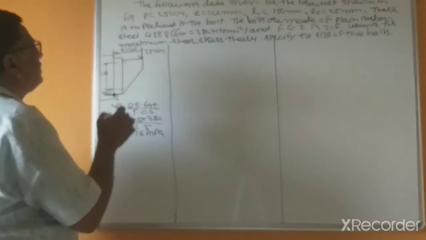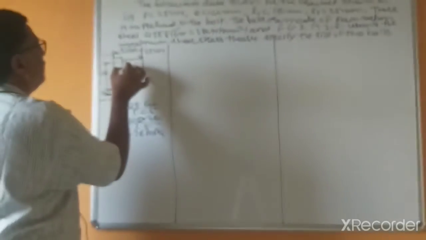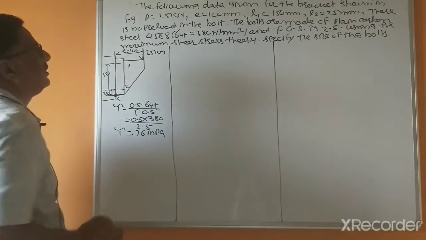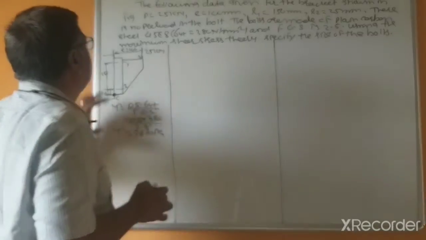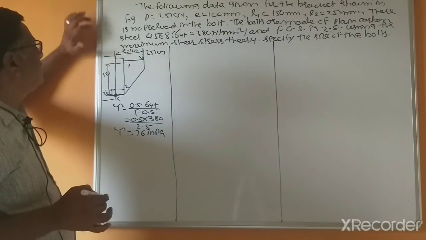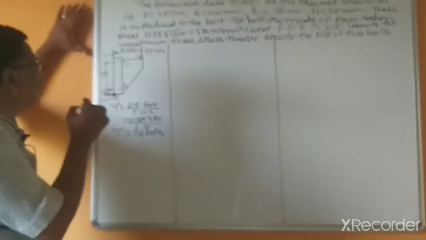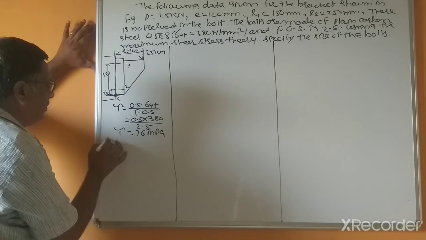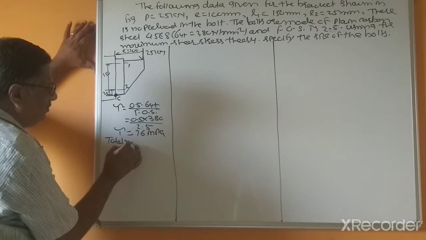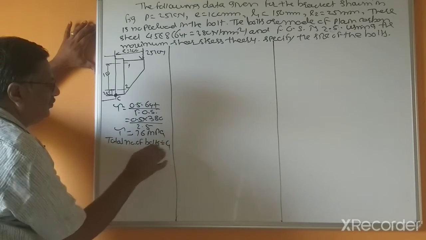So here actually there are 2 bolts for positions, and this is not mentioned in the problem, so in the figure we have to assume the total number of bolts is 4, because there are 2 here and 2 here. Total number of bolts equal to 4.